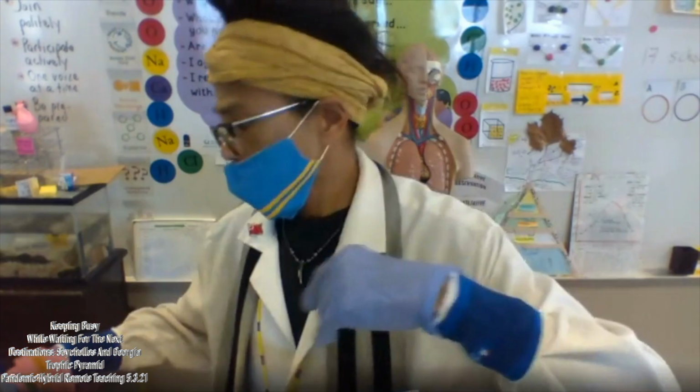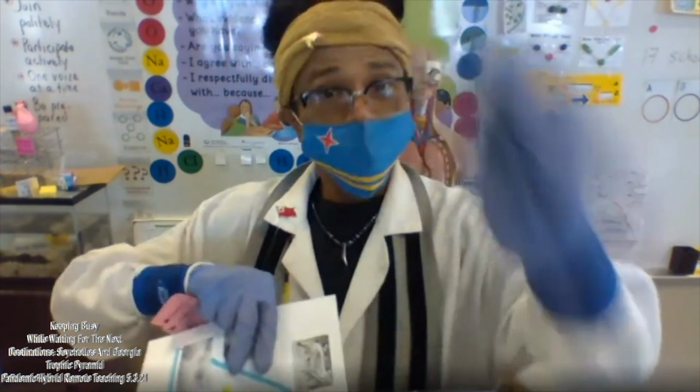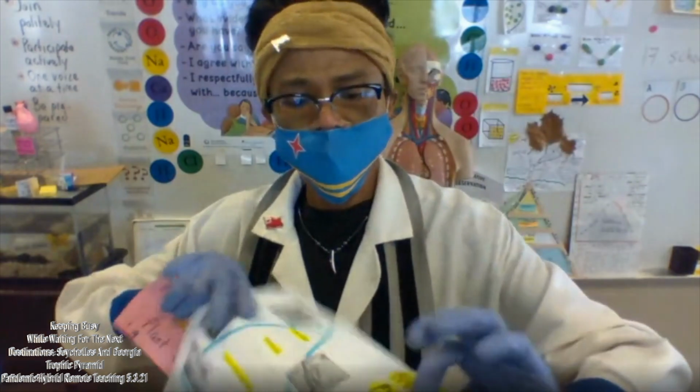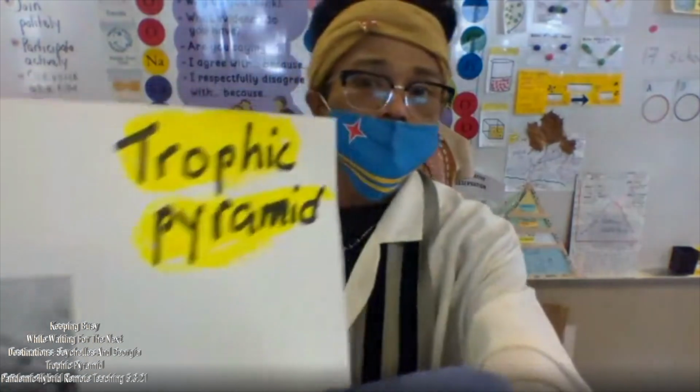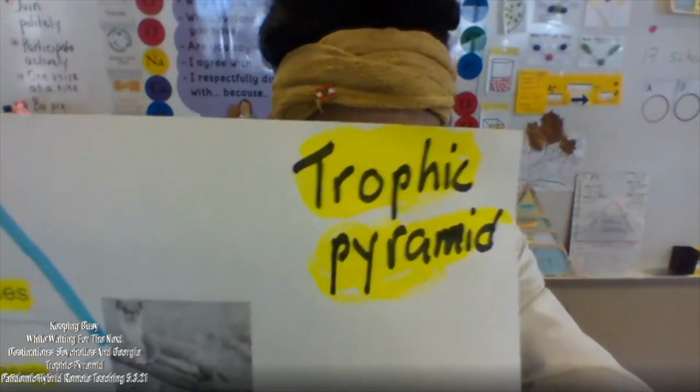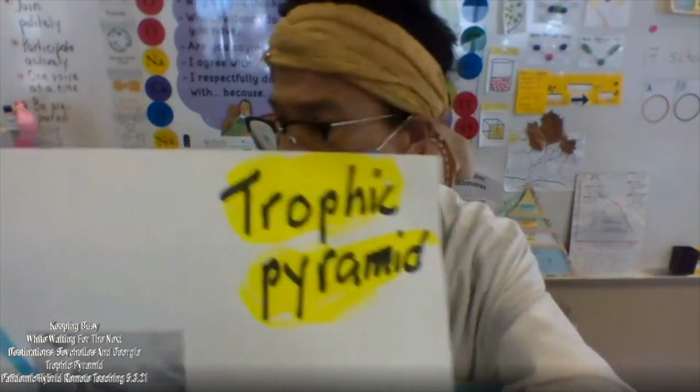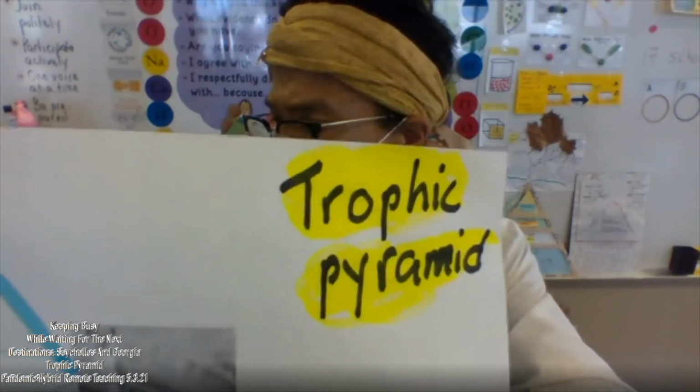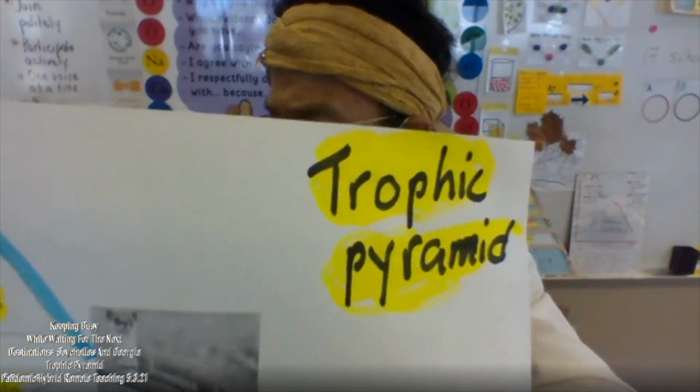If you haven't responded yet, please do so. Now, meanwhile, at timestamp 1:37, everyone please type the words Trophic Pyramid. Everybody please, I will see your name. Trophic Pyramid. Yes, at timestamp 1:38, Trophic Pyramid.